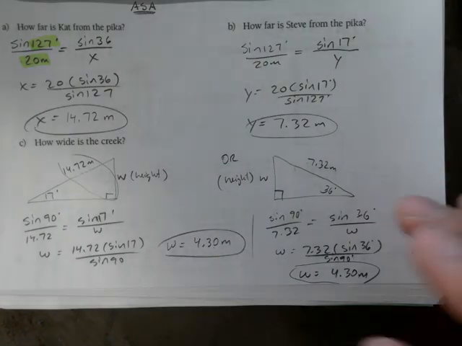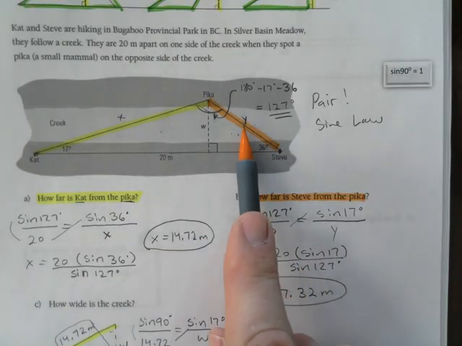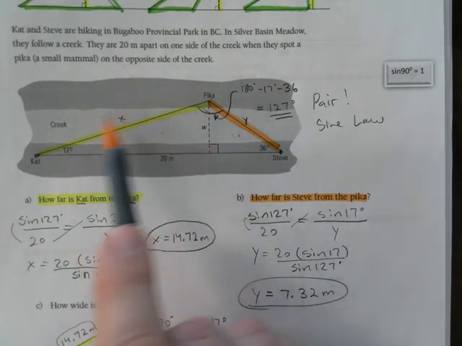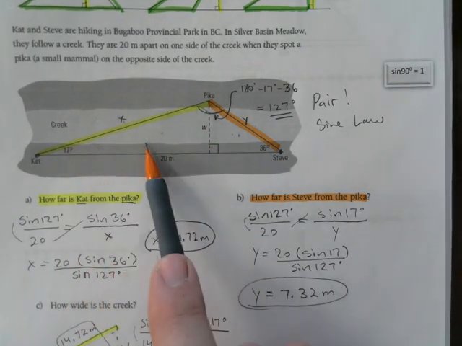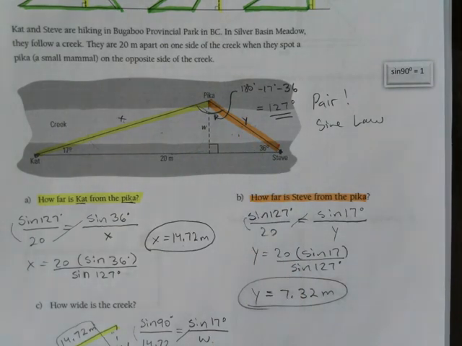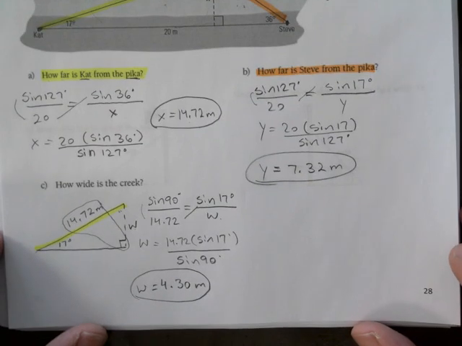Because sometimes you will have worked with one and not the other. Like, let's say this question would have only asked you to solve for y, not x as well. Then it's probably not smart to use this side. You would actually want to use that other side, right? So just be smart about it, and be careful how you cut it, and be careful what you bring with you, right?